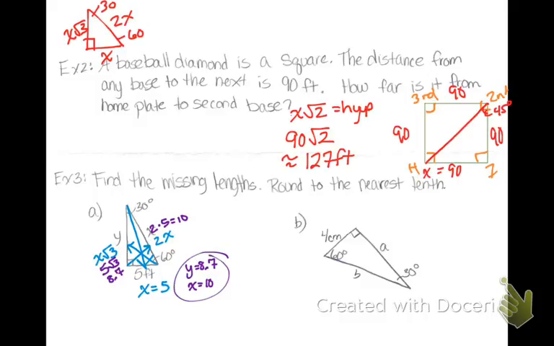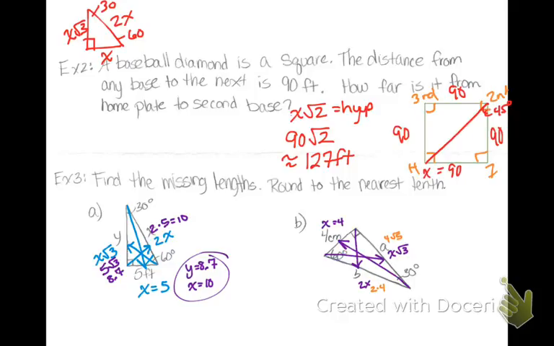Alright. Again, opposite 30 is your x. So x equals 4. Opposite 60, x square root of 3. And opposite 90 is 2x. So I can plug in my 4's. I'm going to use orange this time, 4 for x. So it's going to be 4 square root of 3 and 2 times 4.